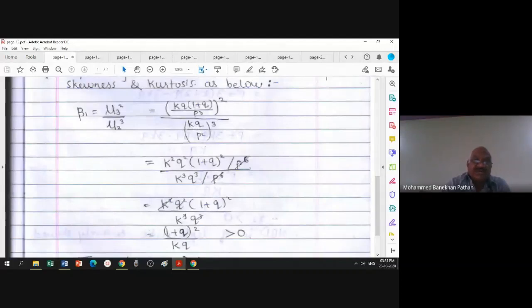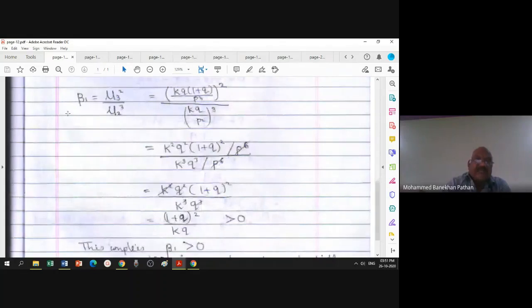So this P raised to 6 and P raised to 6 get cancelled. K square cancels with K cube, K will be balanced in the denominator. Q square cancels with Q cube, and Q will be balanced in the denominator. So finally, beta 1 is nothing but 1 plus q whole bracket square divided by k times q.